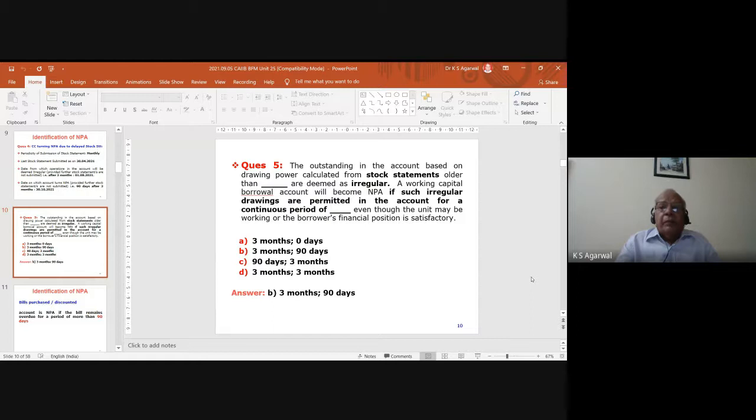A working capital borrower account will become NPA if such irregular drawings are permitted in the account for a continuous period of so many days, even though the unit may be working or the borrower's financial position is satisfactory. There is no other irregularity. So the first blank has the answer 3 months, and the second blank has the answer 90 days. 3 months and 90 days. This will be the answer. So my option will be D.